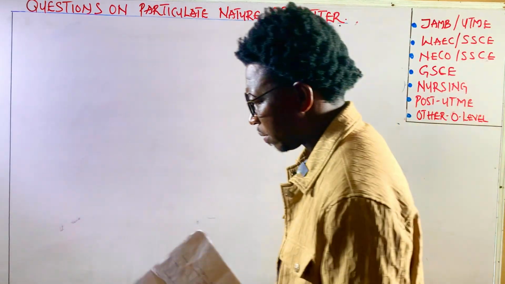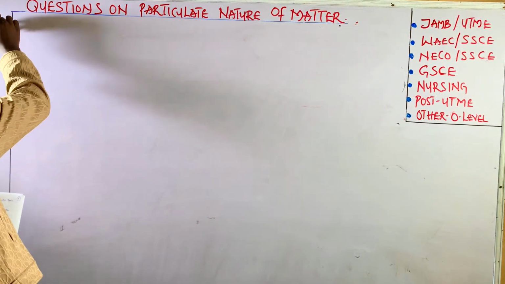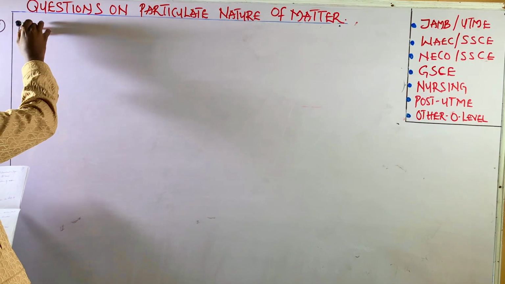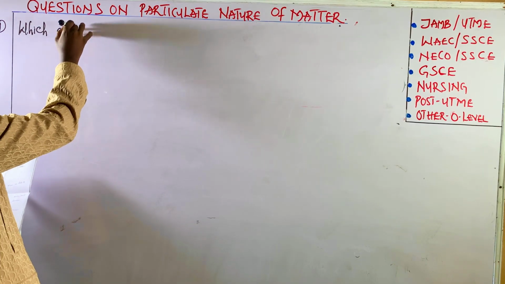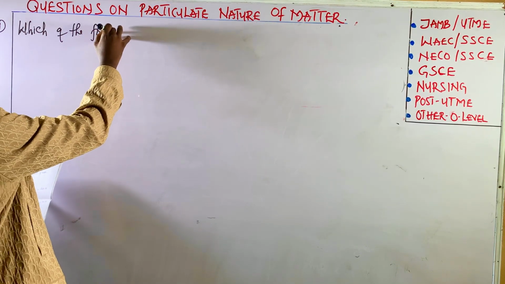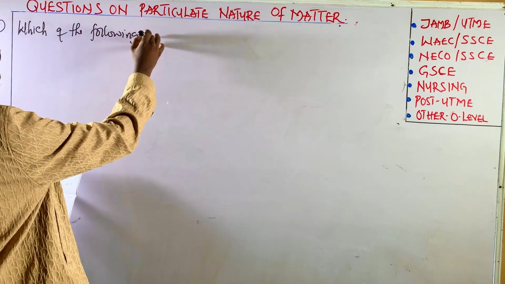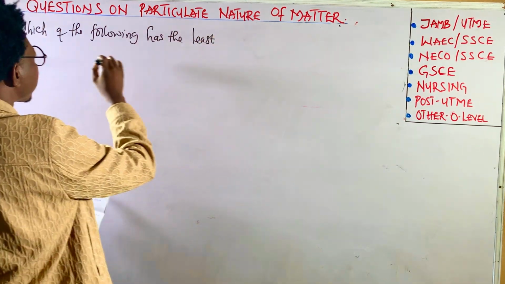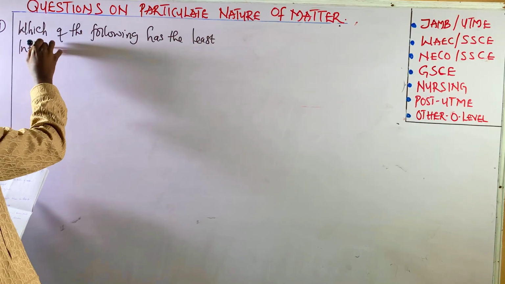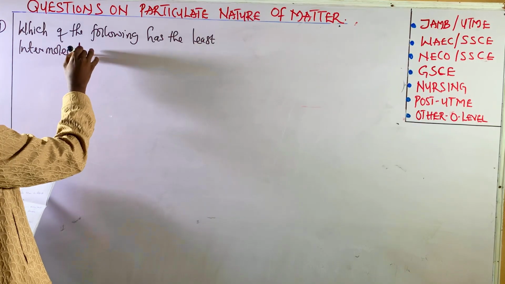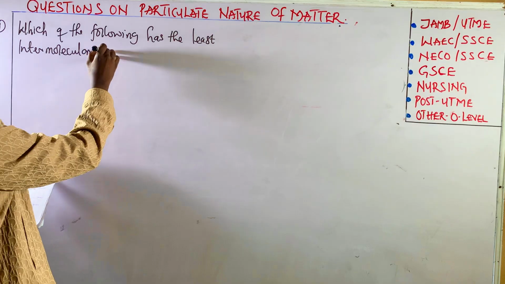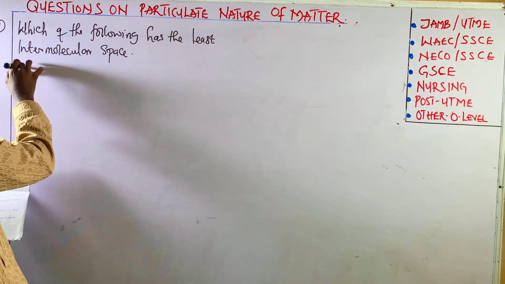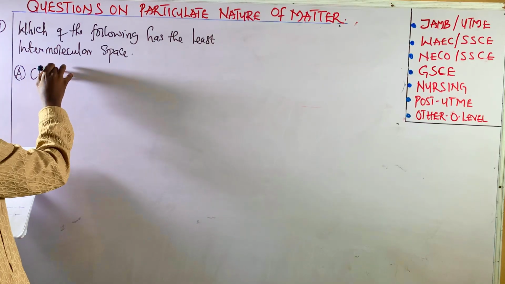So we'll look at the first one, which is number one. Which of the following has the least intermolecular space? Option A, we have chalk.